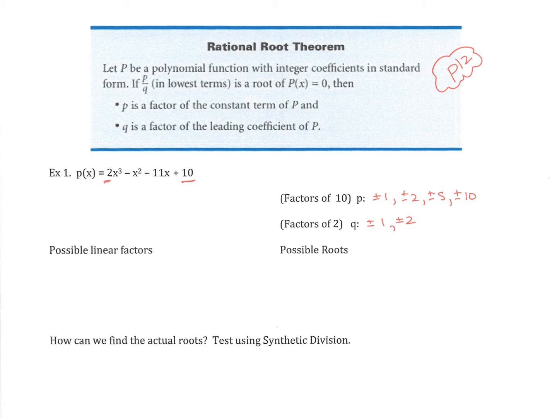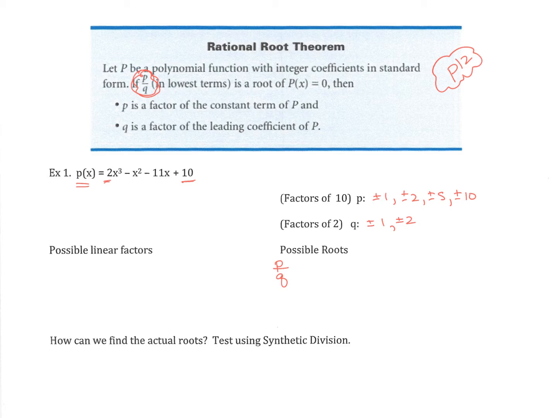So in order to be a possible root to this polynomial p of x, then my root must be my p divided by q in lowest terms, most reduced form, which we'll look at in just a moment. My possible roots, these are possible roots, would be my factors of my p divided by my factors of my 2, which are my q.